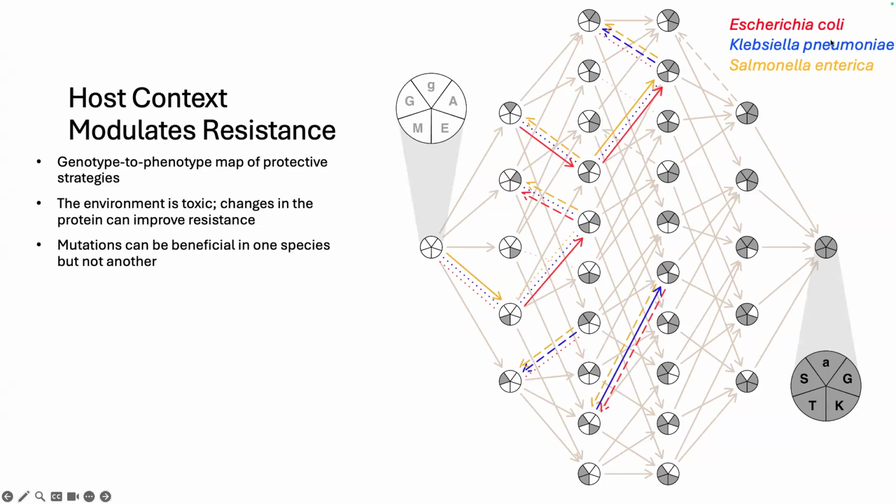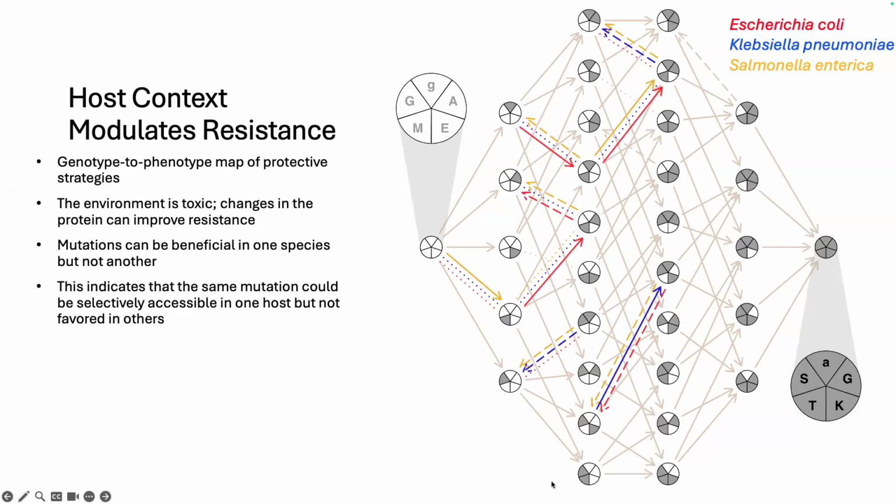So we actually evaluated the resistance levels of all these genotypes in three bacterial species, Escherichia coli, Klebsiella pneumoniae, and Salmonella enterica. These are three pathogens that normally harbor these beta-lactamase genes. And whenever you see a split is where the mutation is beneficial in one species, but either neutral or deleterious in the other.